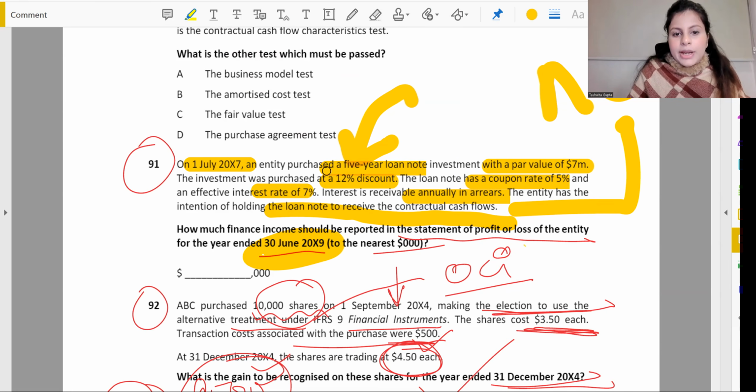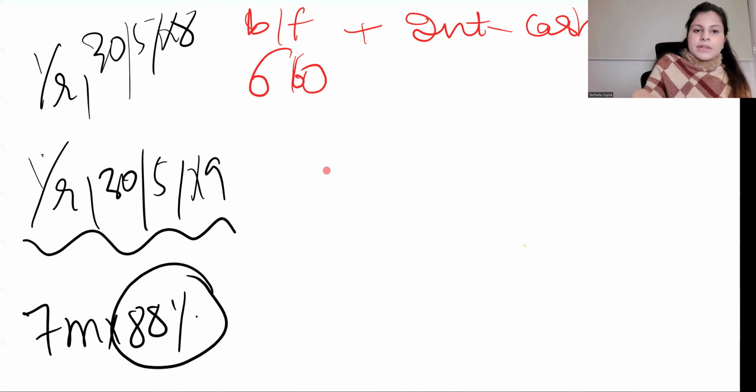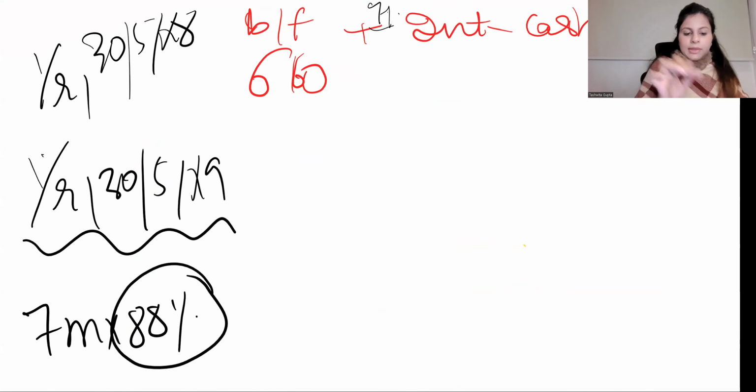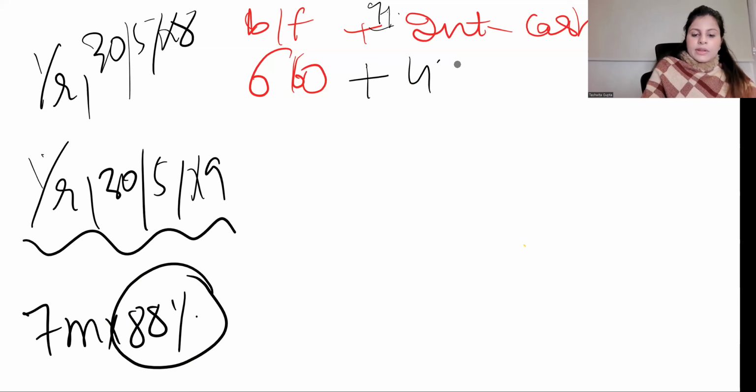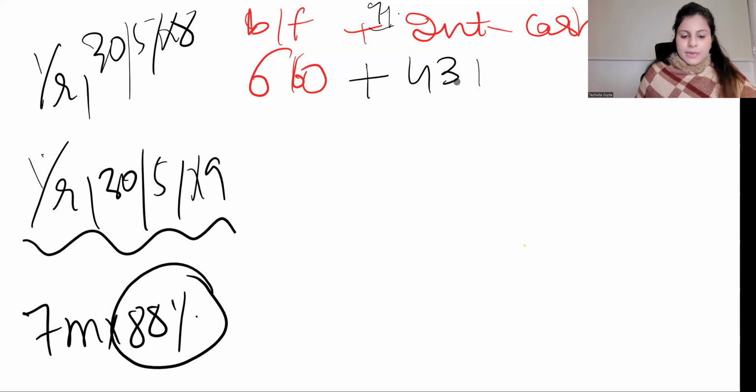The loan note has a coupon rate of 5%, effective interest rate is 7%. So I will use 7%. So what is 7% of 6160? Plus 431. Yes, plus 431.